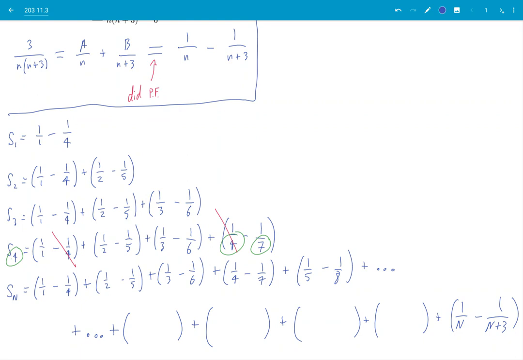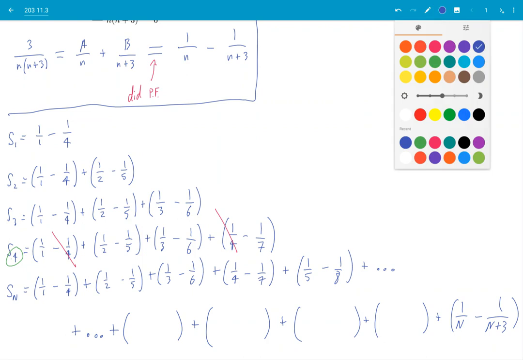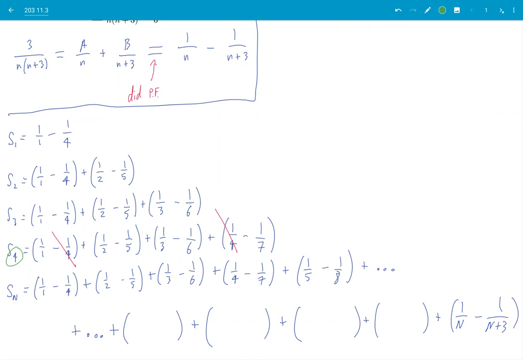Now, what else? Let's look at S4 again. If I want to figure out what goes here, my second last term, just notice that from the 4 and the 7, you subtract 1 to get 3 and 6.